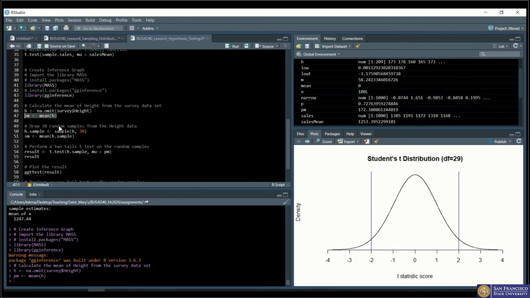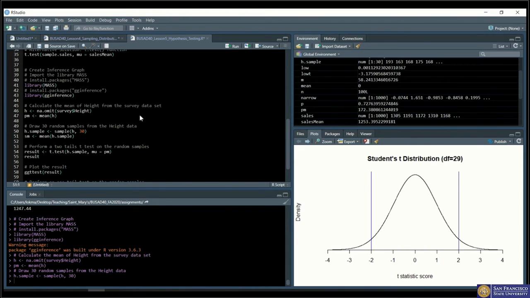Now, what I want is to randomly draw 30 samples from my survey data, h. So I use the sample function, and I'm going to draw from h. I only want to select 30 of them randomly, and I'm going to save it as h.sample.